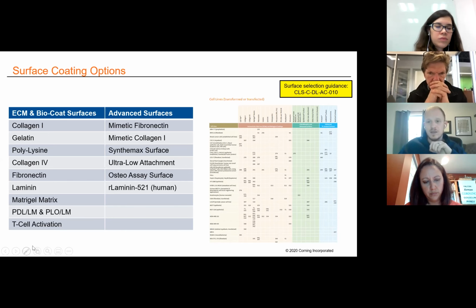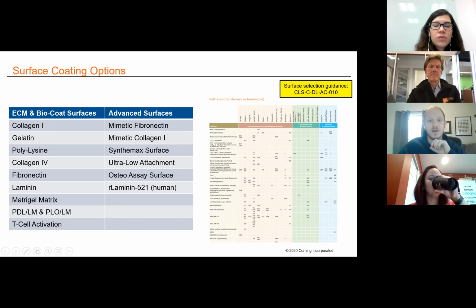This is a document that kind of has a list of many of the advanced services that we offer, and some publications associated with cell lines and cell types where those surfaces have been utilized.